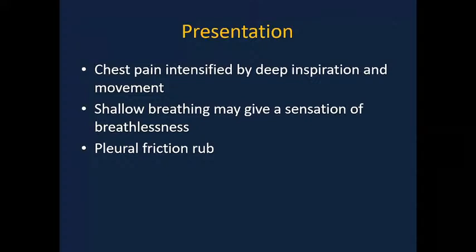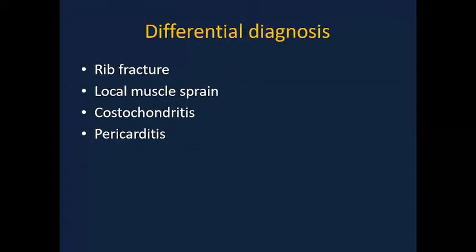Usually the chest pain will be intensified by a deep inspiration and movement, so that the patient can avoid the pain. They have shallow breathing, which gives a sensation of breathlessness, and on examination you may have a pleural friction rub.